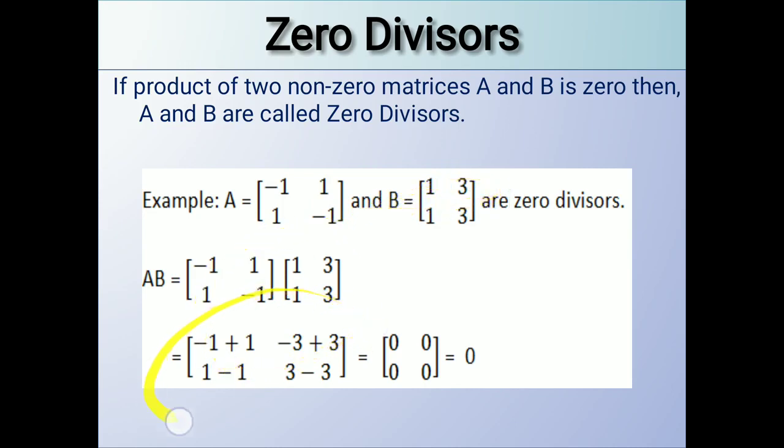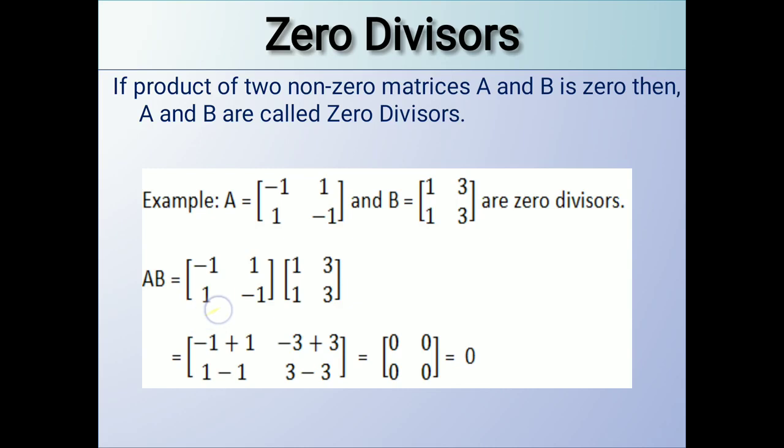Once we do the multiplication, there is an additive sign, as I have told you already. So A into B: minus 1 into 1 plus 1 into 1.